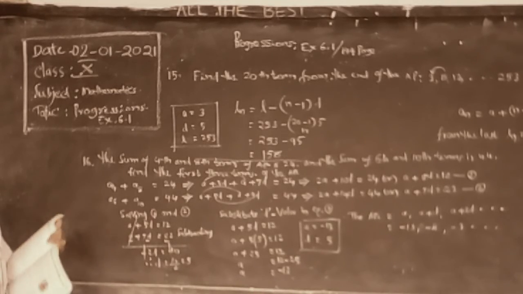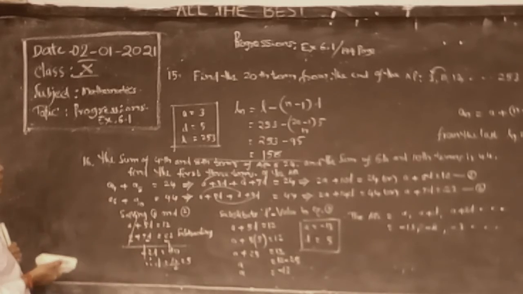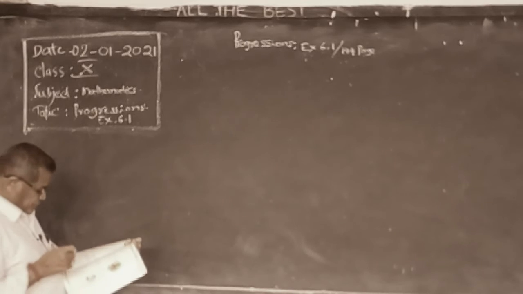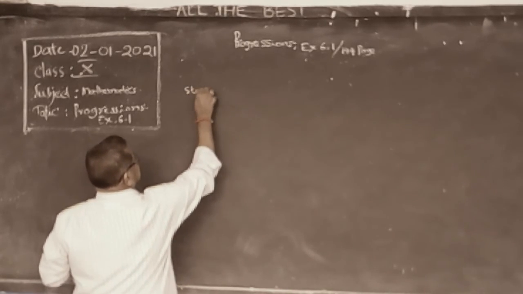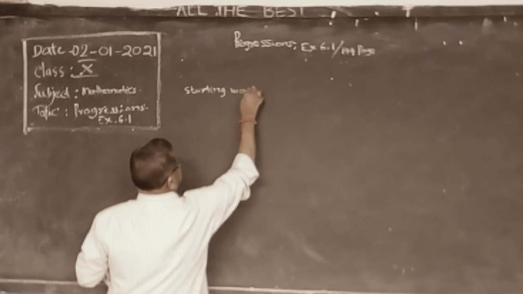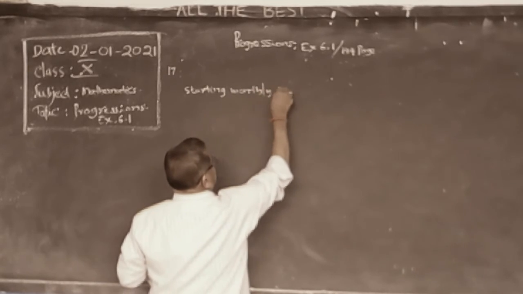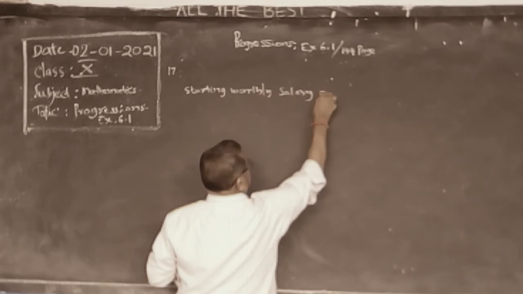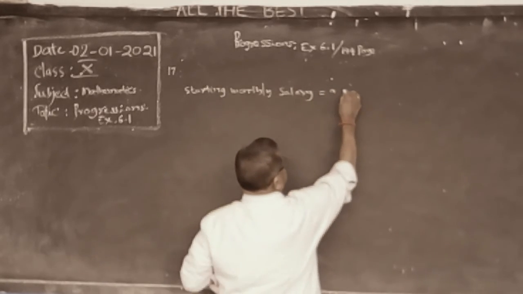Last question. Starting monthly salary is A equal to 5,000 rupees.